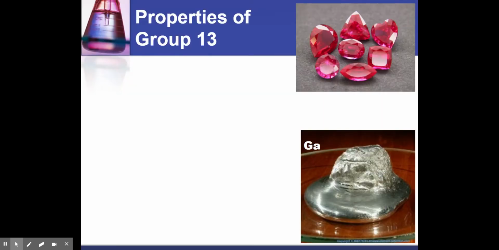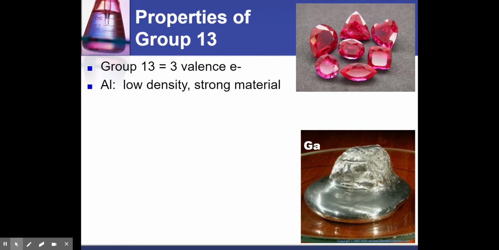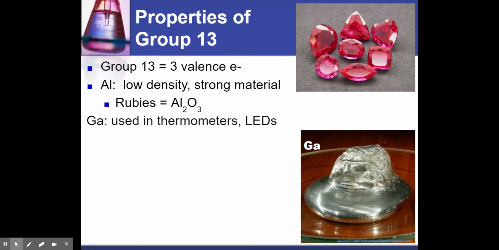So let's talk about group 13. Group 13 has 3 valence electrons, again, just the last digit of that group number. Aluminum is in this group, and aluminum is a really low density, strong material. It is in rubies. Gallium is used in thermometers and light emitting diodes.